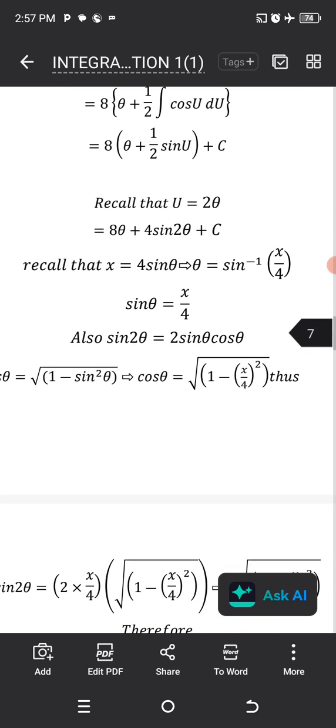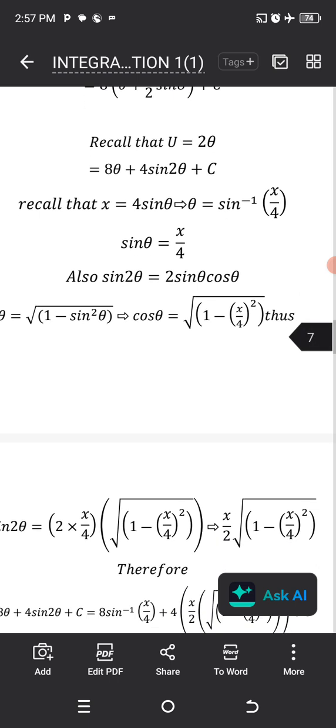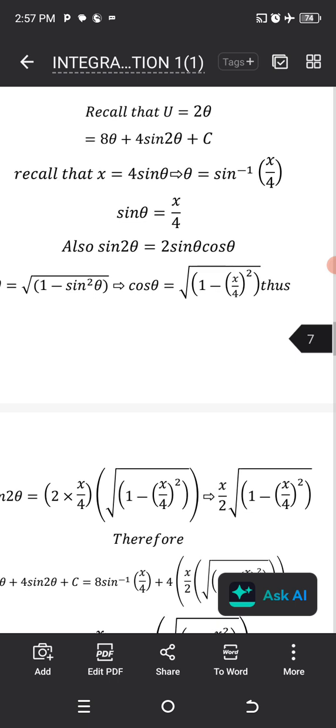Also recall that once we must return everything back to x, recall that x is equal to 4 sin theta, which implies that theta is equal to arc sine of x over 4. So sin theta is equal to x over 4. Also sin 2 theta is equal to 2 sin theta cos theta.